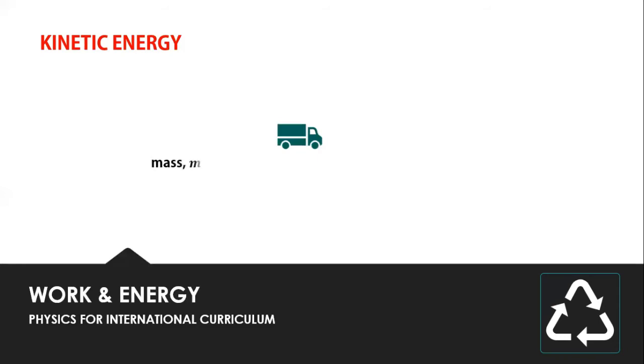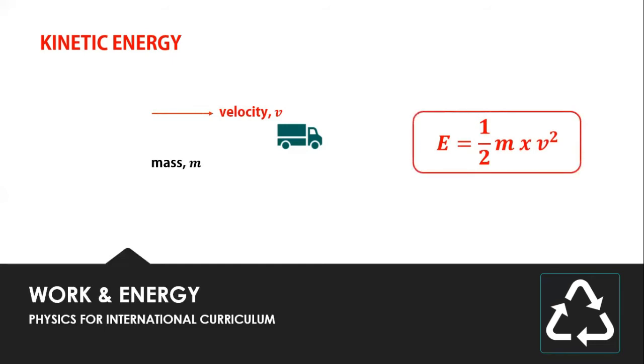As we know, this car has a mass, let's say m, and a velocity to the right side, let's say v. So the kinetic energy is formulated as E equals one half m v squared. This energy is measured in joules as well. We call this kinetic energy.